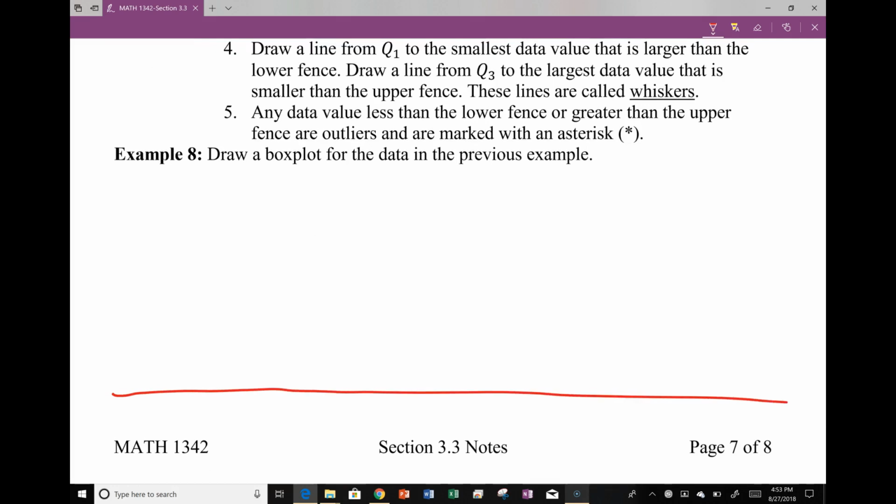And my lowest value was at 6.5, so I'm just going to start at 6 and count up to 15. 8, 9, 10, 11, 12, 13, 14, 15. And I'm going to go ahead and come back through here and put little hash marks because we have several that are halves.